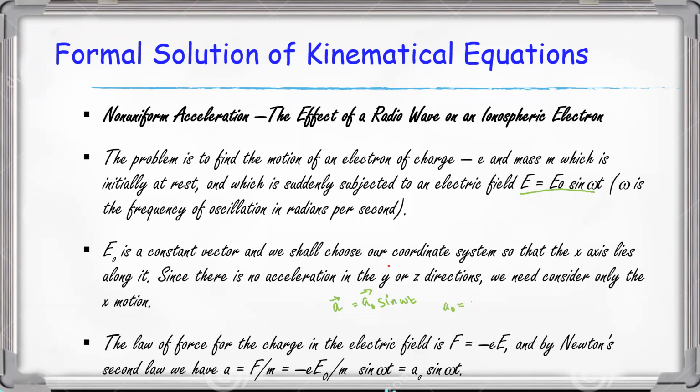Look here and compare it. Sin omega t here, sin omega t here, a0 in the place of minus E0 divided by m. Then a0 is equal to minus E0 divided by m.